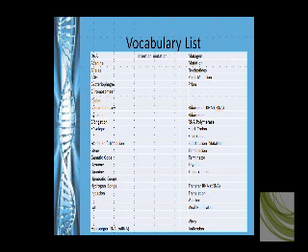Latent. A mutagen. A mutagen is a substance that can cause mutations to occur in DNA. Let's see, homeotic gene, I don't think I talked about that.